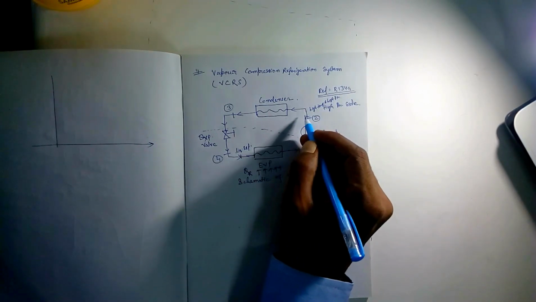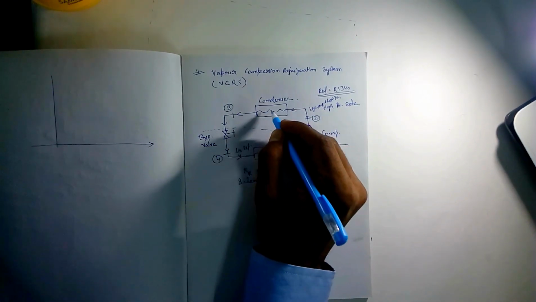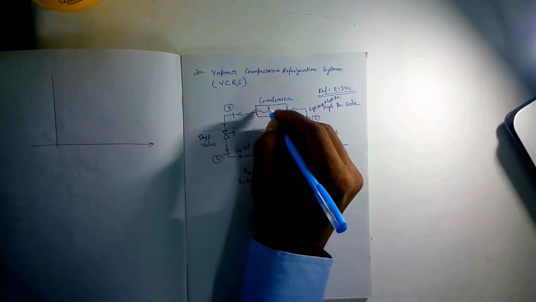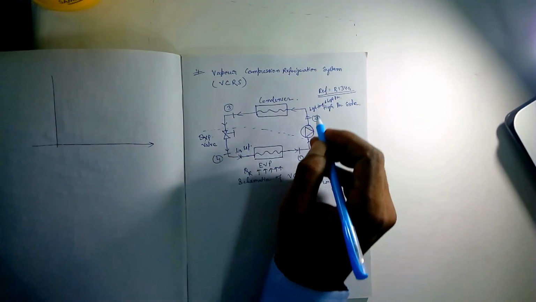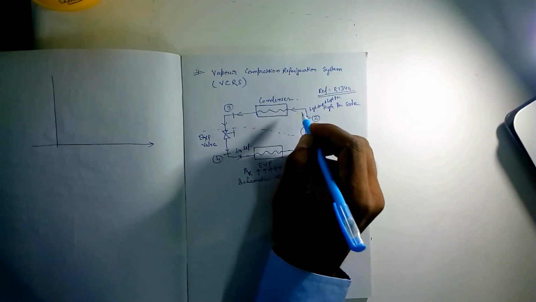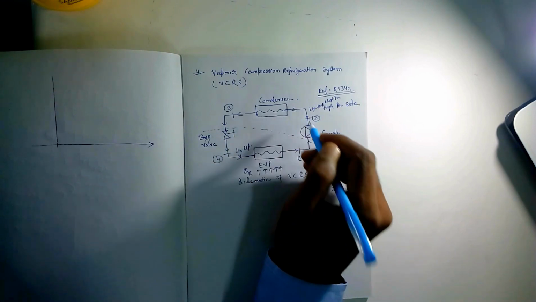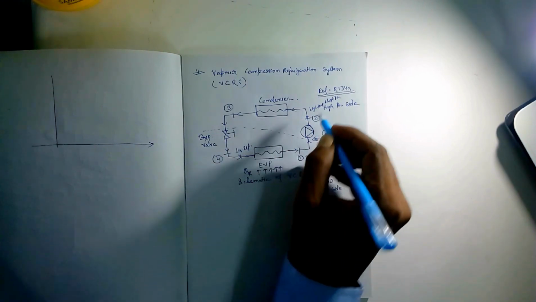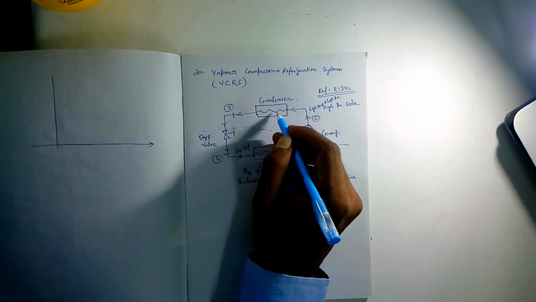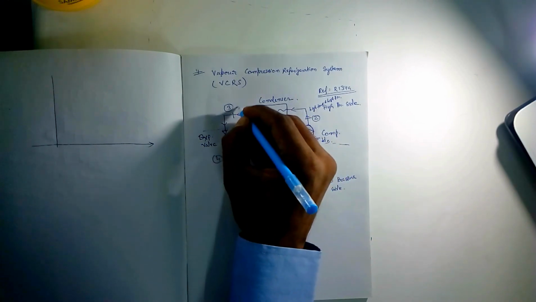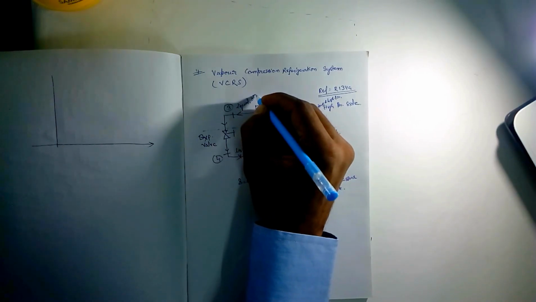It enters the condenser, where the condensation process takes place. Normally condensation takes place at atmospheric temperature, but it is not always necessary. So this high pressure and high temperature refrigerant enters the condenser, where it condenses into liquid, again at high pressure.